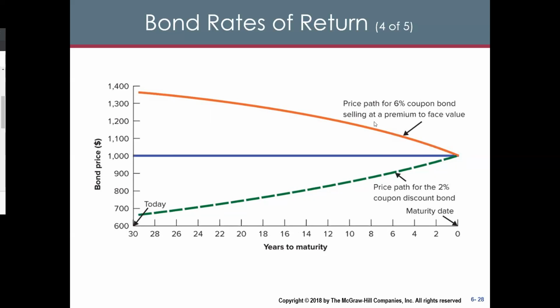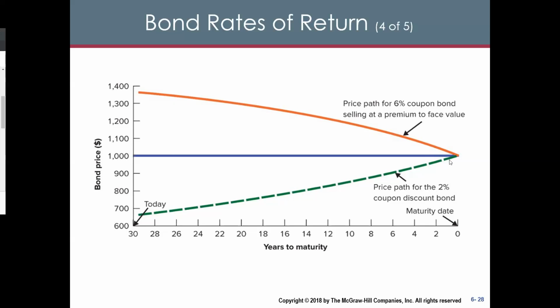Similarly for a discount bond, it's offering a coupon rate lower than the market interest rate or the discount rate. So here it's discounted at about $650. However, as time moves, it's getting closer and closer to maturity.